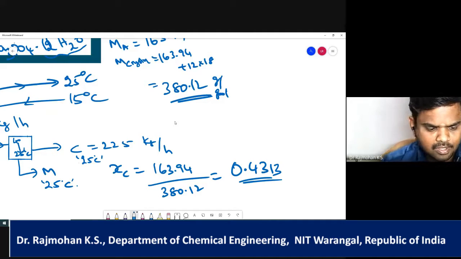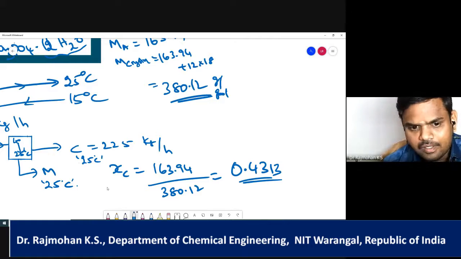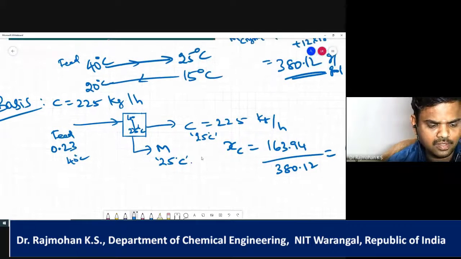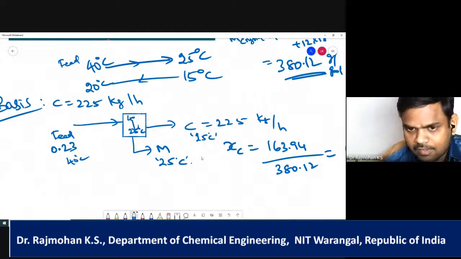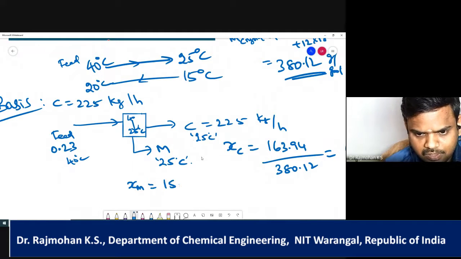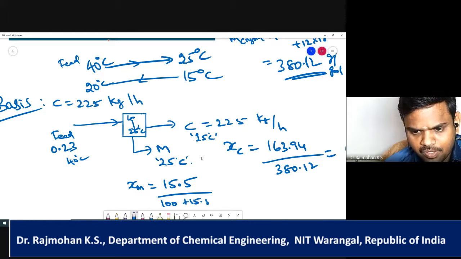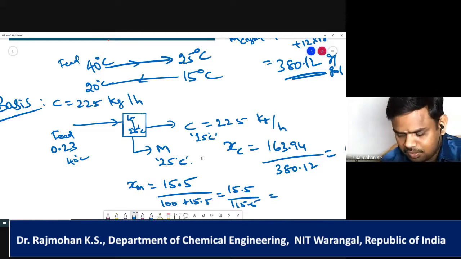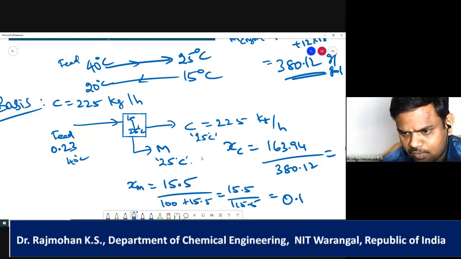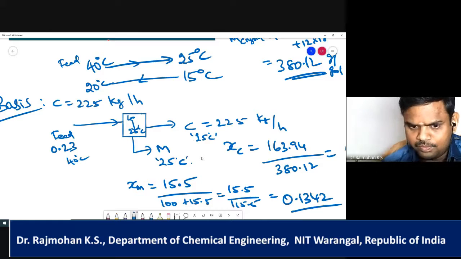Similarly, Xm value can be determined. Xm value and Xf value also can be determined because those values are given. It is given that Xm value is 15.5 divided by 100 plus 15.5. 15.5 by 115.5 is equal to 0.1342.